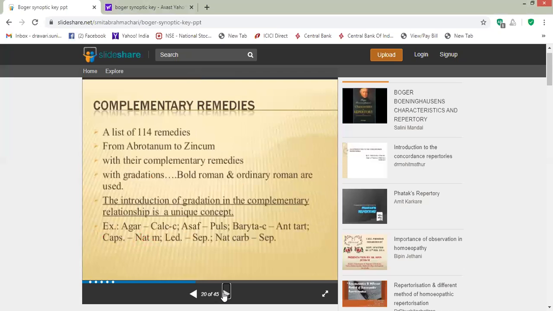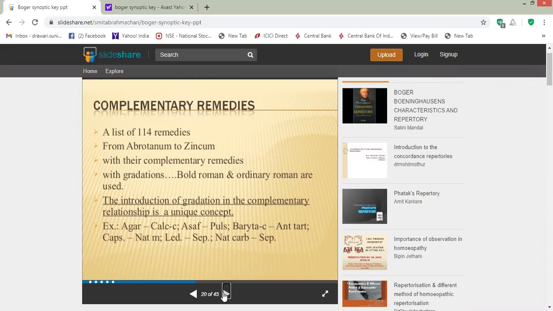Then the complementary remedies. In the complementary remedies, a list of about 114 remedies is given, written alphabetically from A to Z, from Abrotanum to Zincum, with their complementary remedies with gradations.